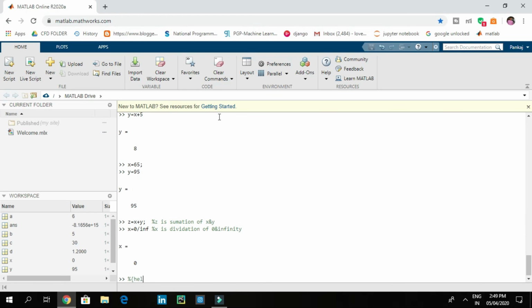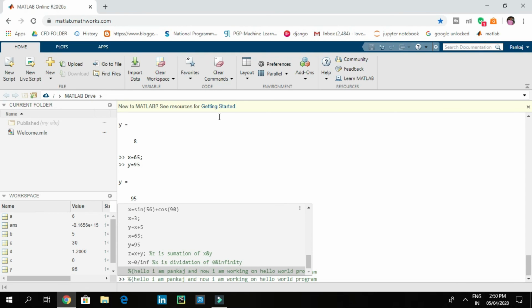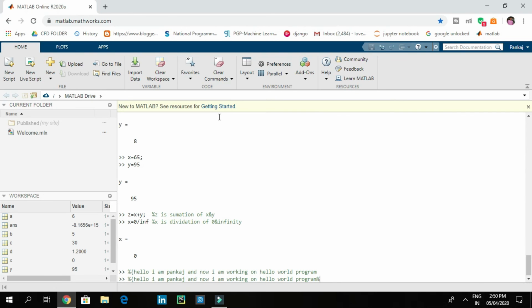Percent curly bracket, and then we write a comment like: hello I am Pankaj and now I am working on Hello World program.